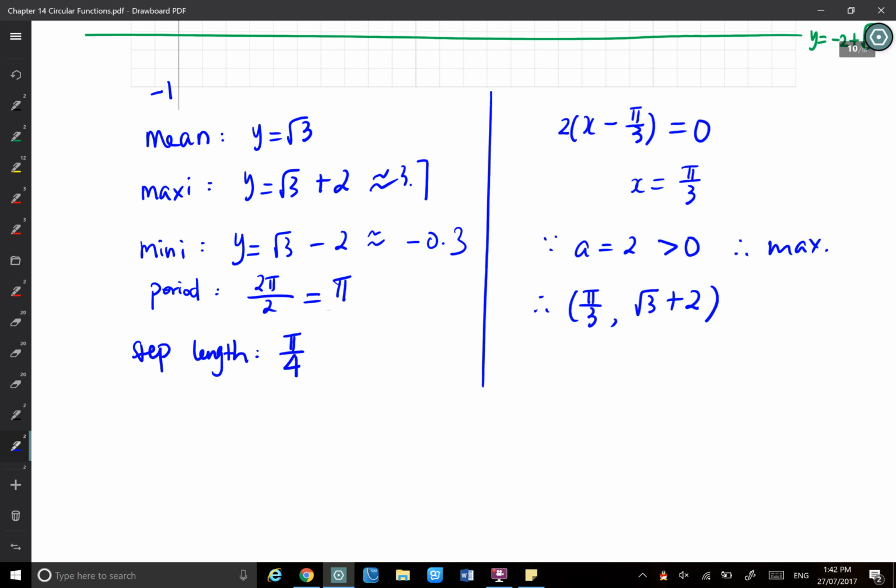Okay, now think about one thing. I want pi on 4, and each pi on 4 is like each step I will go. I start with pi on 3. What's the next x value? Pi on 3 plus pi on 4. What's that? 7 pi on 12.